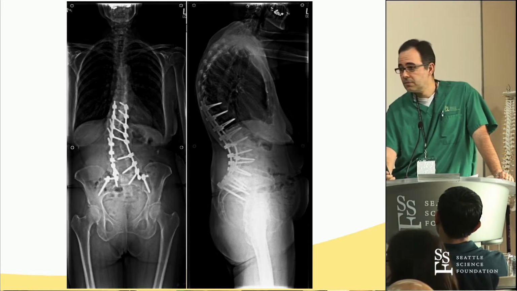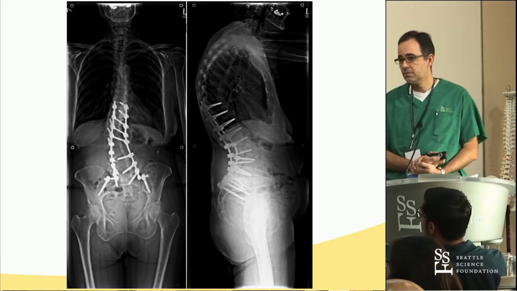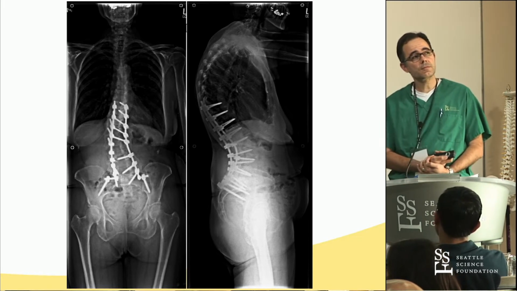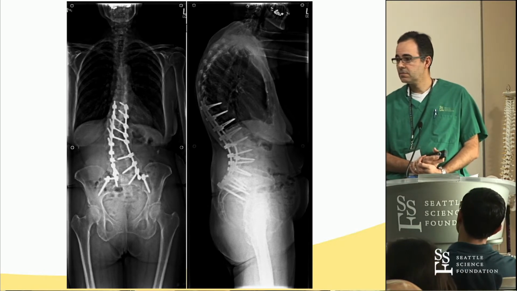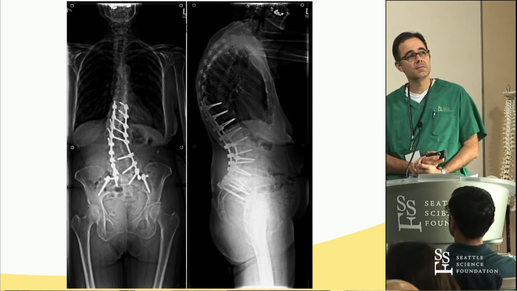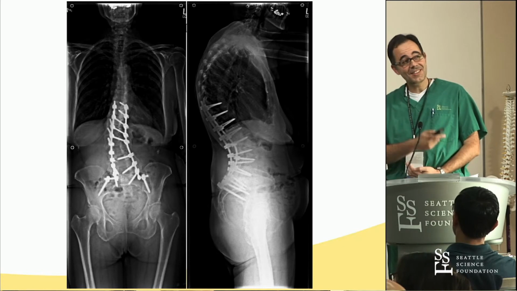So Charlie, just real quick, I think Bob's going to talk about PJK somewhat, but these are the cases that look great at three months, and then over the next year, every time they come to clinic you dread looking at the x-ray because they're going to be a little bit more tilted forward.